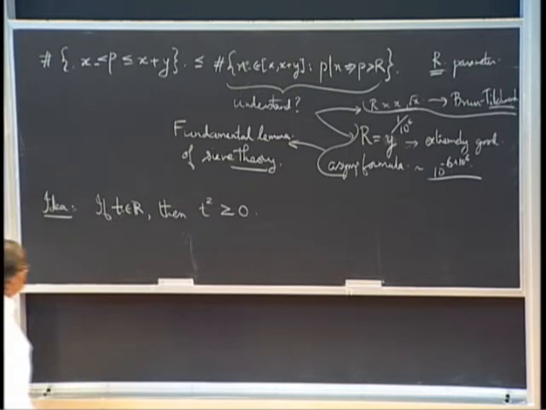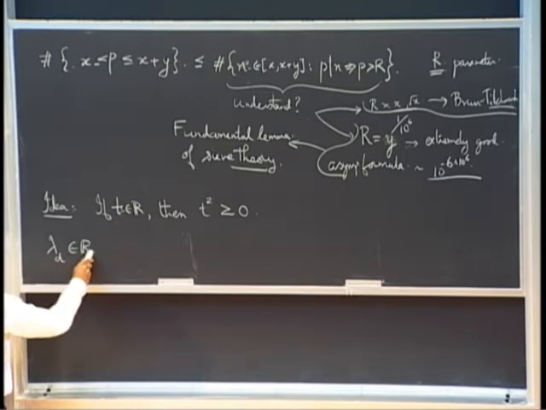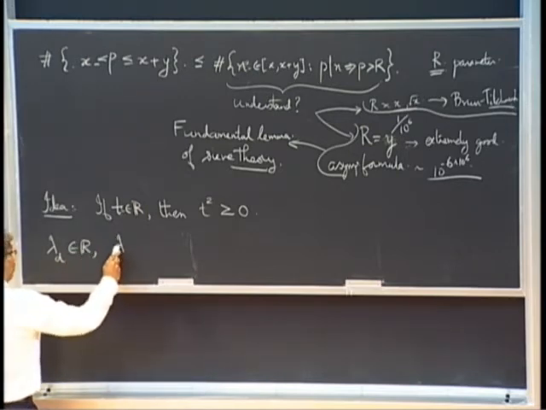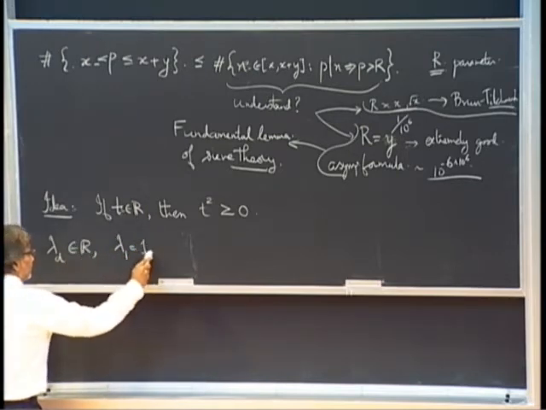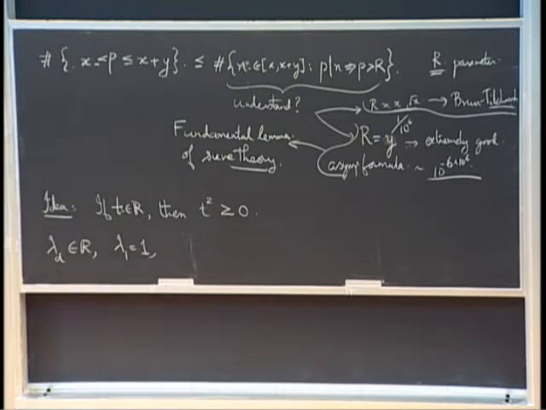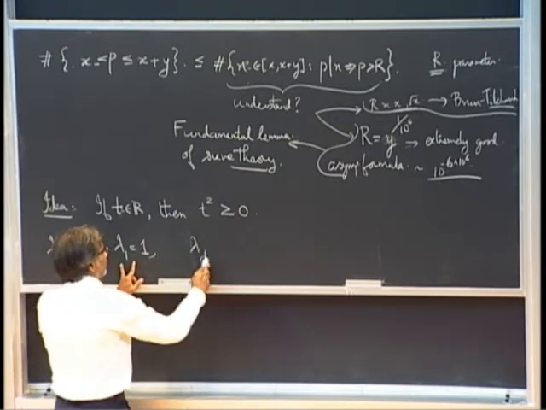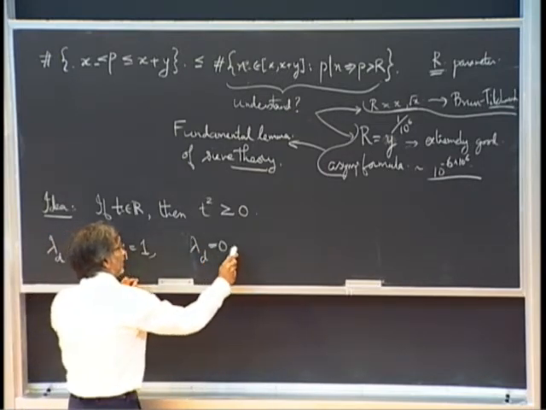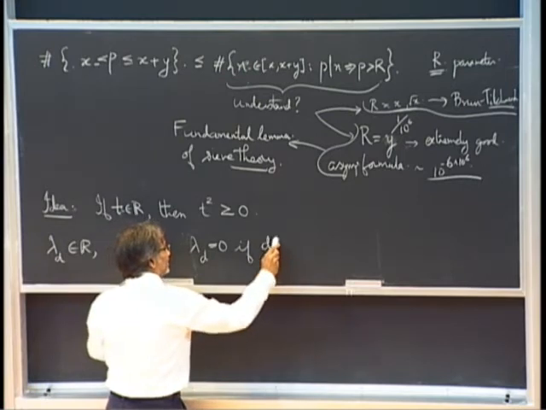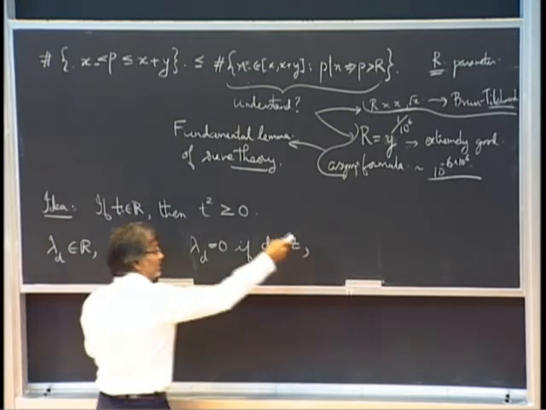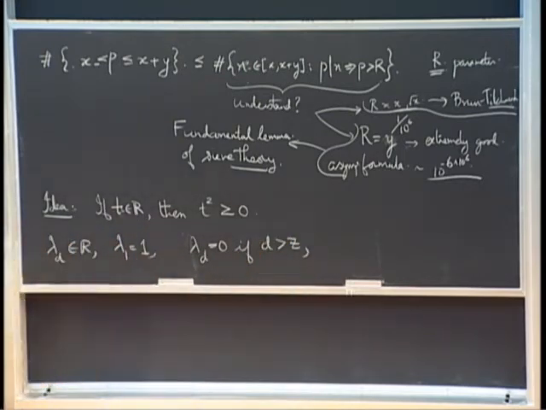So there are going to be some real numbers lambda of D, with lambda of 1 being equal to 1. Okay? And let me assume that lambda of D is 0 if, say, D is bigger than Z. Z is some parameter that I'll choose for you later.